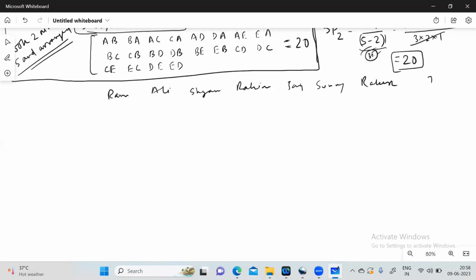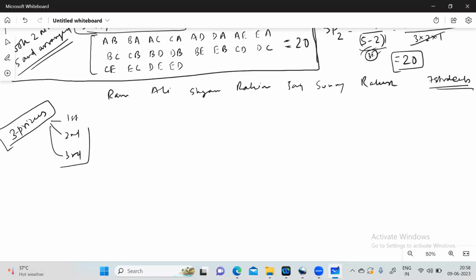So there are 7 guys, 7 students, you can say. And you have to distribute 3 prizes, which are first prize, second prize, third prize. So in how many ways can you distribute these 3 prizes?